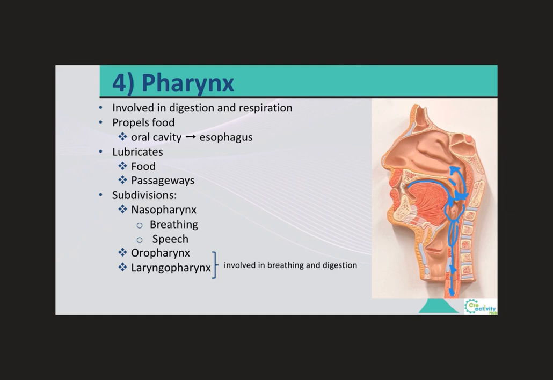And at the same time, the larynx, more specifically the epiglottis, folds inferiorly to cover the glottis, and this prevents the food from entering into the trachea. That way it directs the food into the esophagus instead of the trachea.